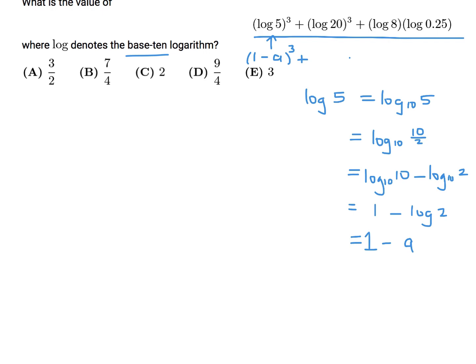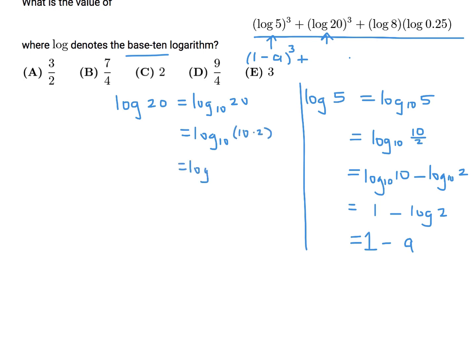Now let's do something similar for the log of 20 to the base 10. I'm going to break up that 20 into 10 times 2. When I do, I get the log of 10 to the base 10 plus the log of 2 to the base 10, using basic log rules.